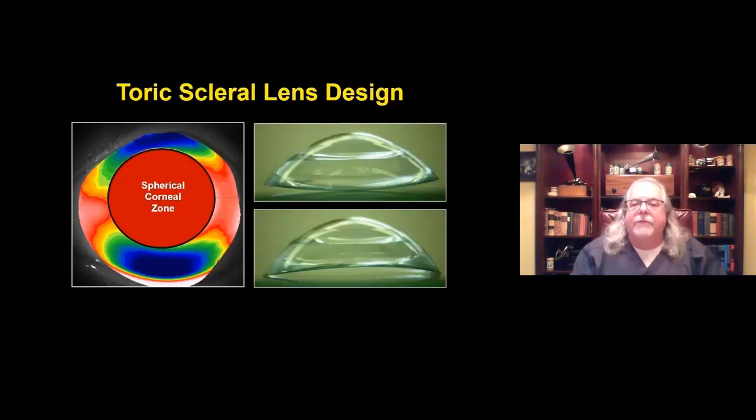Now, the 15.5 and up diameter lenses, such as the 16.3 lenses in the diagnostic set, all come with a 125 micron differential in the back of the lens, creating then a toric periphery to the contact lens.